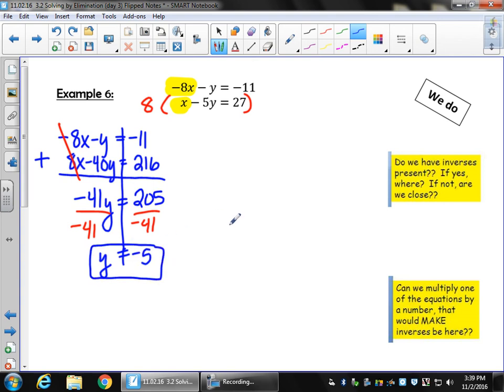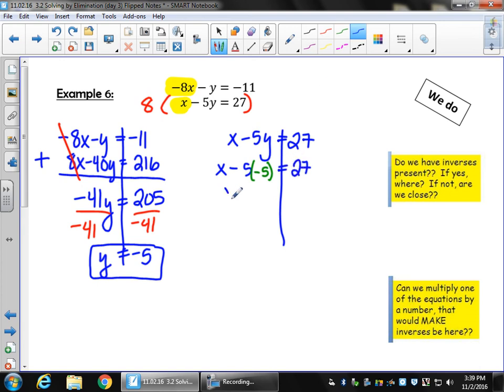To make that happen, we need to choose one of our original equations. I choose to use the second one. x minus 5y equals 27. I have something to substitute in for y. So this will be x minus 5, and then in parentheses, I'm substituting in a negative 5 equals 27.